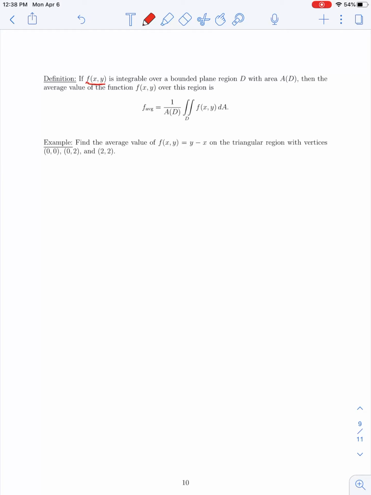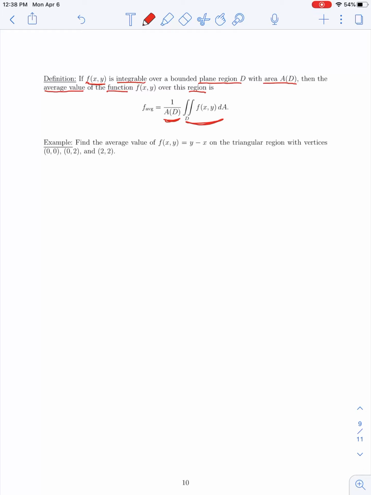If f is a function of two variables, which is integrable over some bounded plane region D that has an area given by A of D, then we define the average value of that function over the region D as 1 over the area of our region times the double integral of the function over that region D.